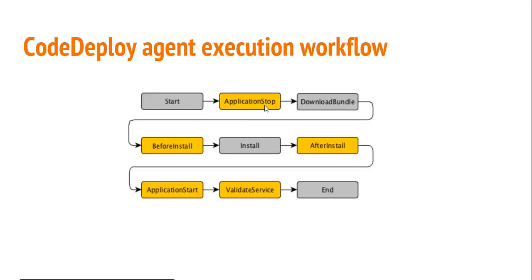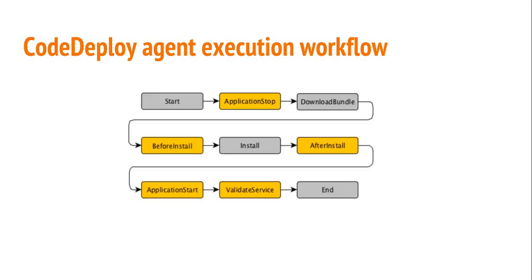These are the steps we write under hooks: application stop, before install, after install, application start, validate service. What do we write in application stop?